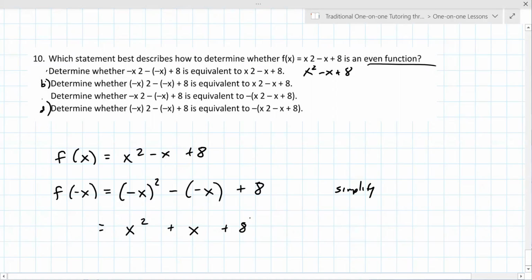Because it's even, you look at this right here, and you want to know whether this is the same as the original. It is not. But now we have to answer it in the multiple choice. So what you're hoping for is, if it's even, does this part equal the original?